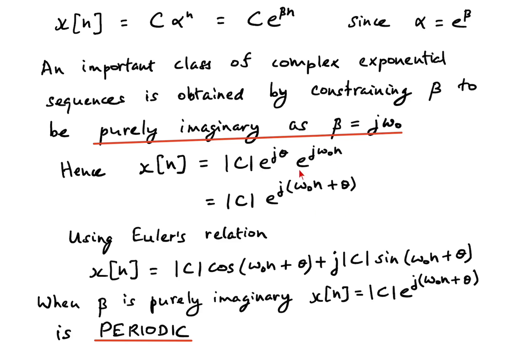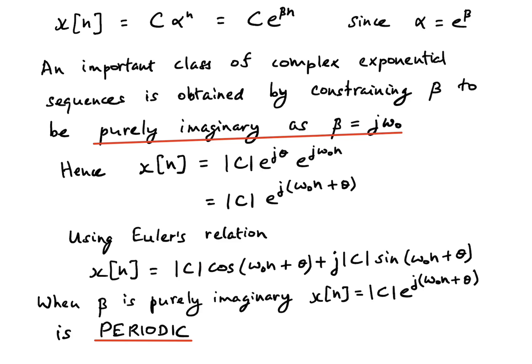Now from Euler's relation, we have e power j omega naught n plus theta as cosine omega naught n plus theta plus j sine omega naught n plus theta, which is getting multiplied by this magnitude of c term, right?